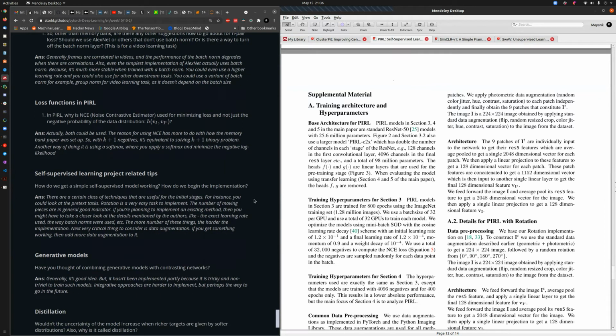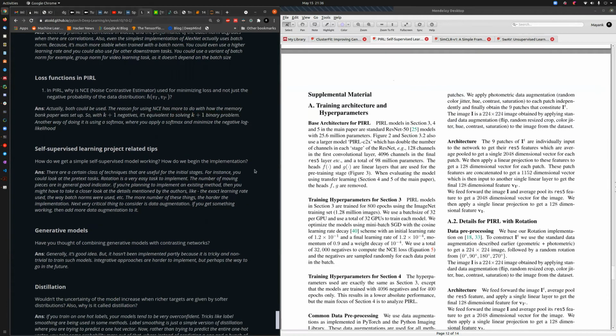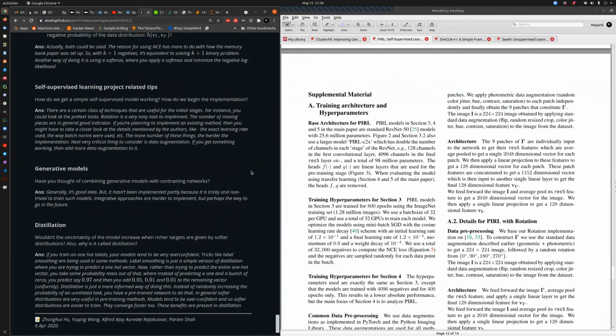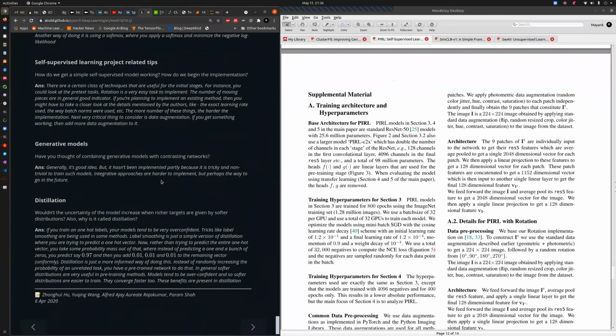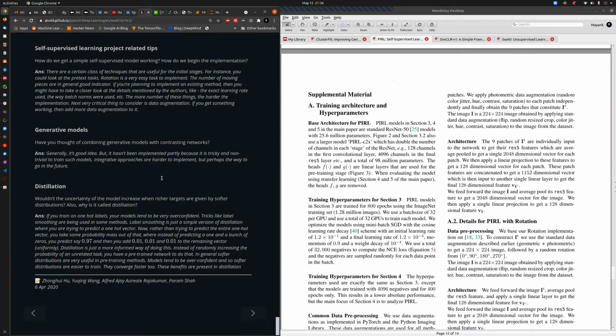This is self-supervised learning primitives, the generative models. Then distillation. They ask about soft distributions.